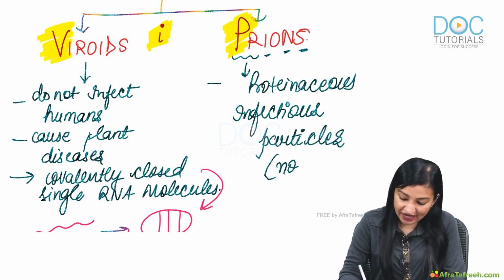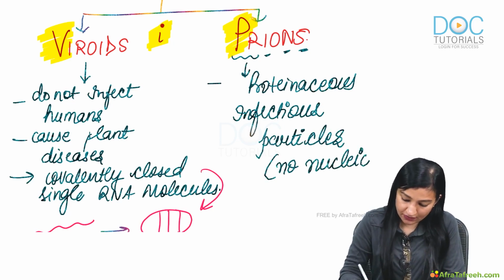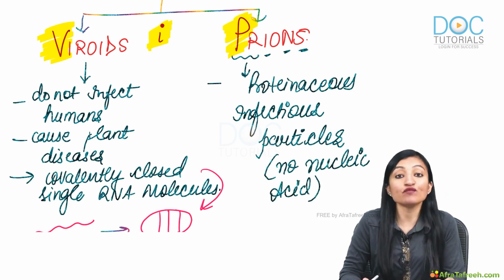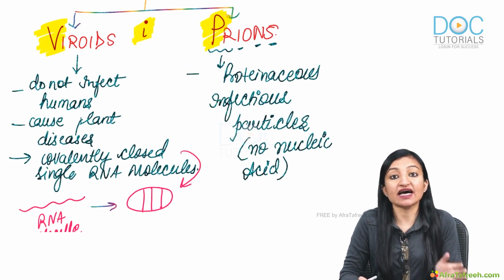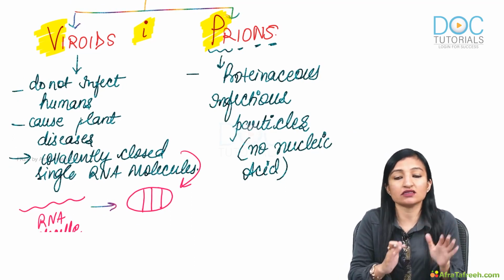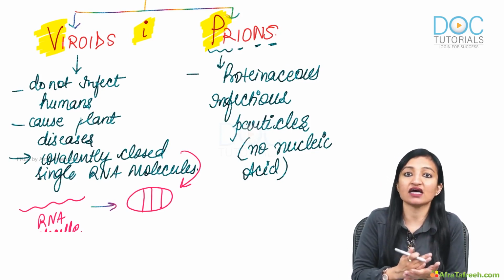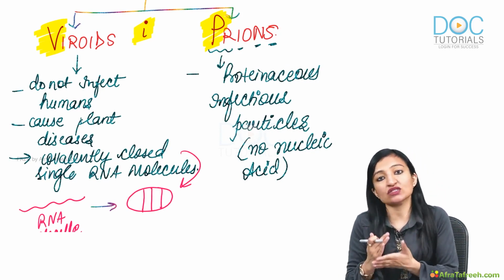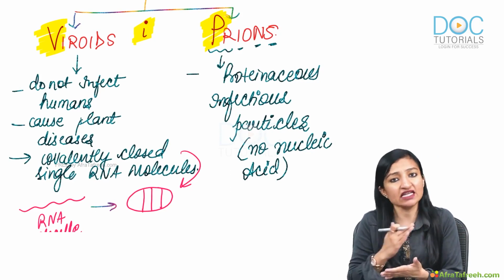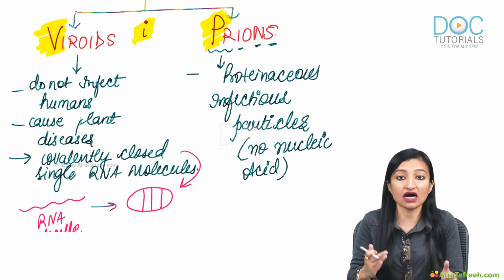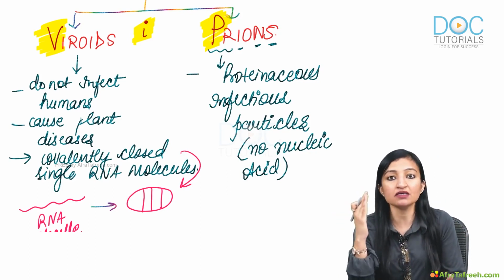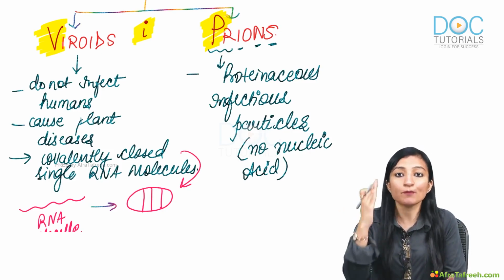They don't have any nucleic acid. They are devoid of nucleic acid. So this is in direct contrast with viroids, which are nothing but nucleic acids. What kind of nucleic acid? They are RNA molecules. Prions, on the other hand, are devoid of any kind of nucleic acid. Instead, they are protein particles. Remember, P for prions, P for proteins.